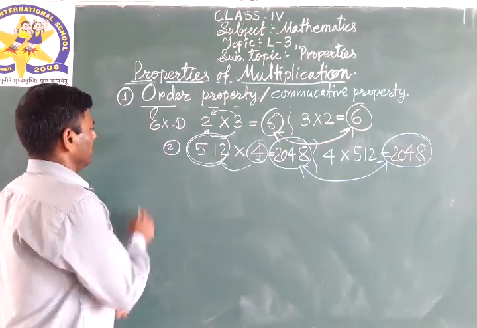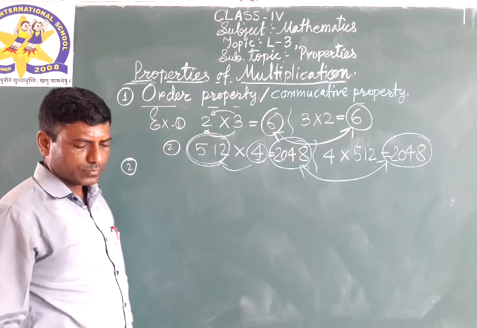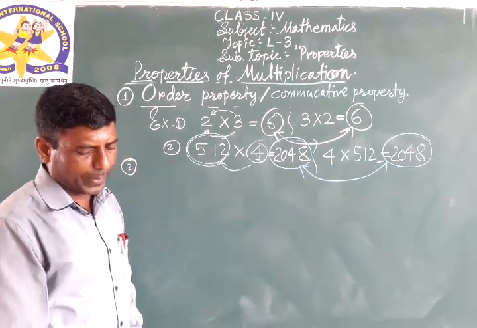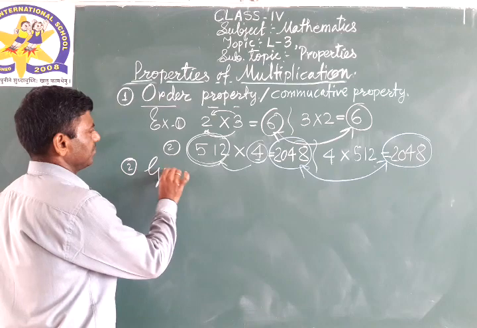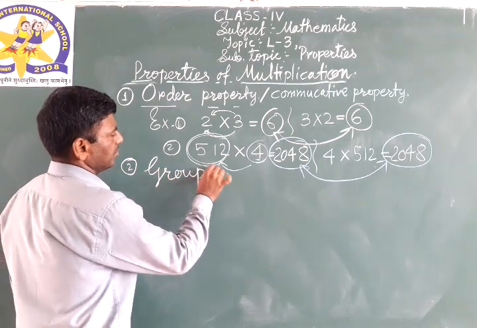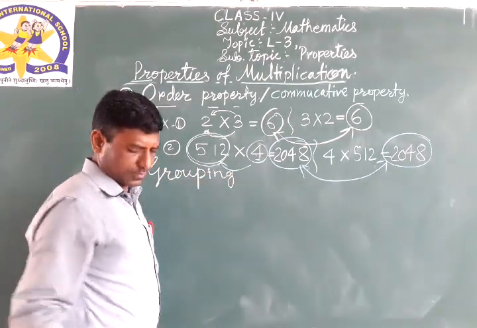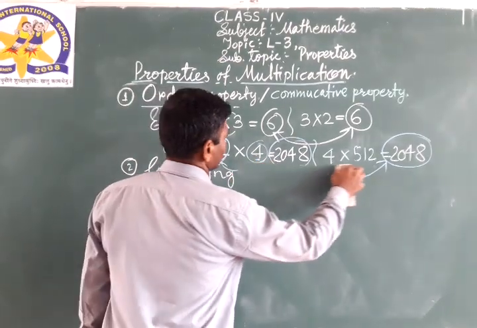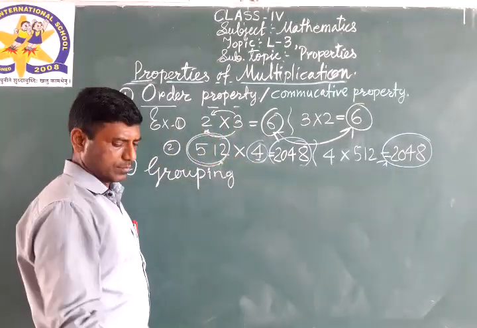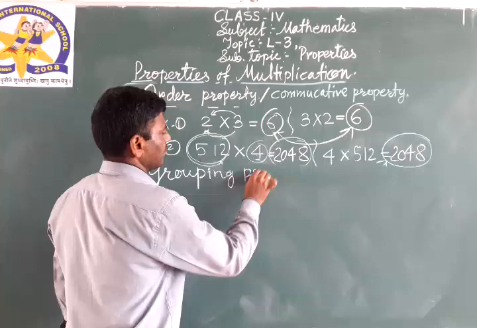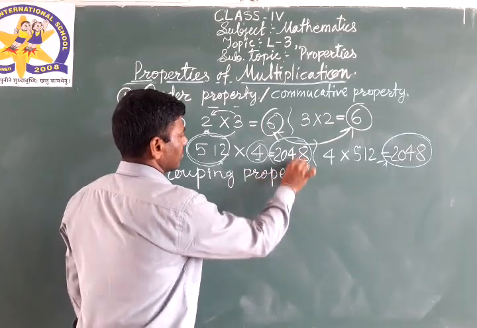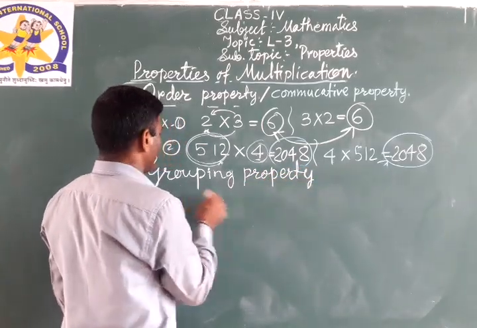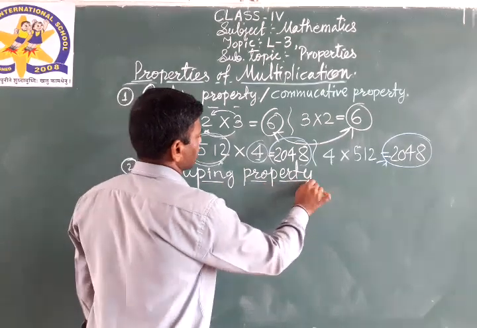Understand? Now this is one property. Property number 2. The second property is the grouping property. What is grouping property?